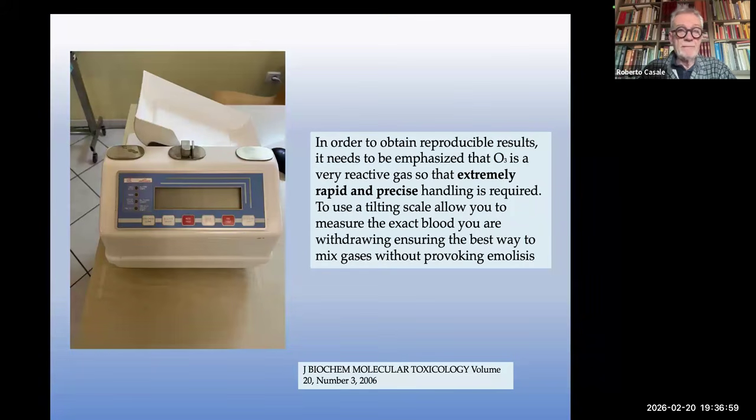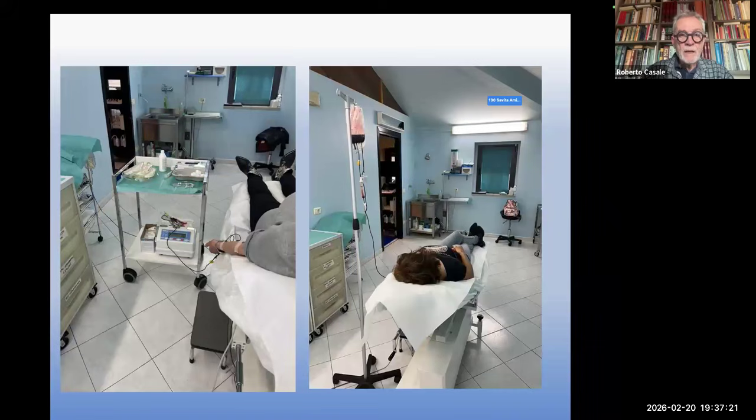The only personal advice I want to give you is that it's better to have a tilting scale to allow a rapid but precise measure of the amount of blood that you are withdrawing from the patient. That's all. This is the setting: private hospitals, big hospitals, clinics. What you need is your skill.